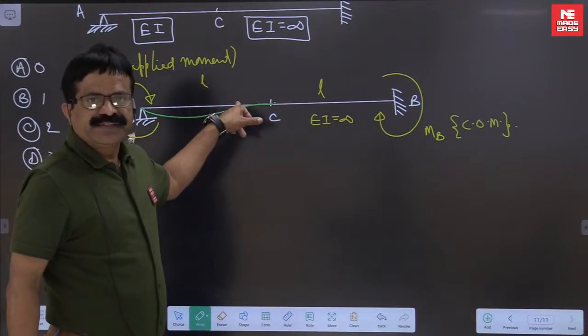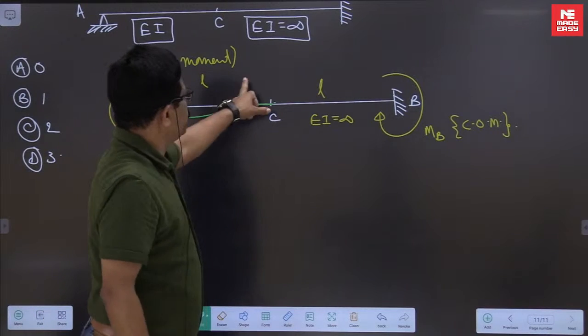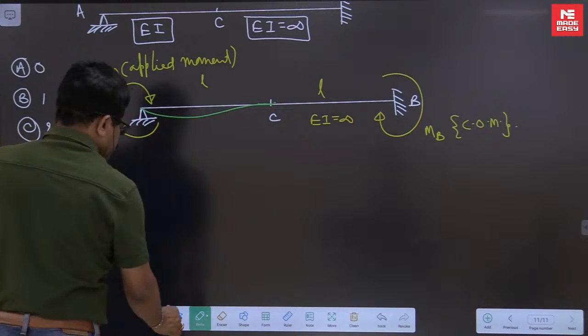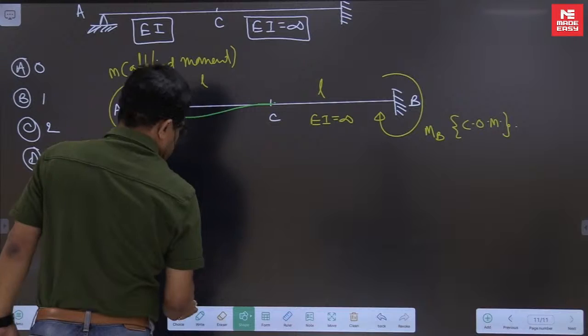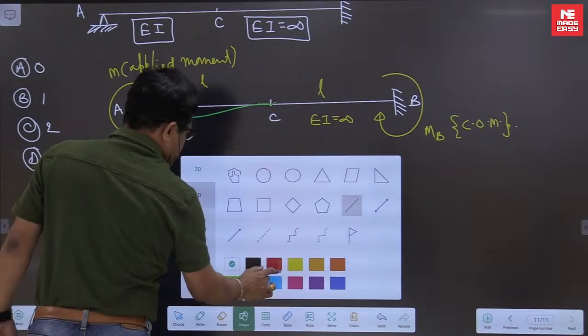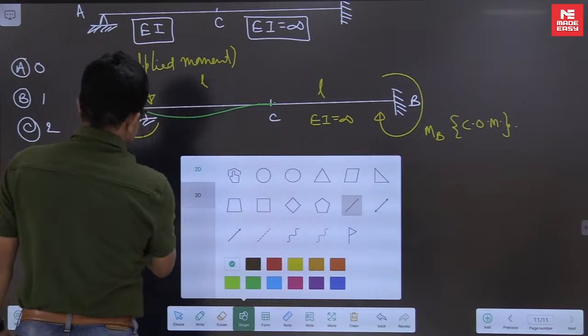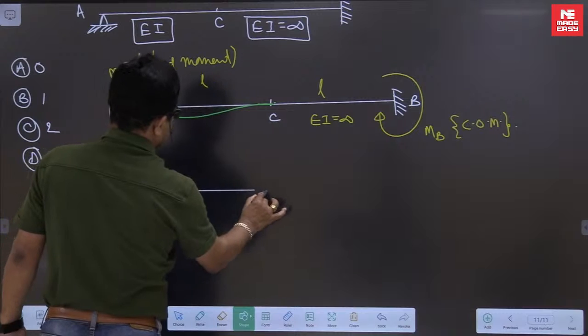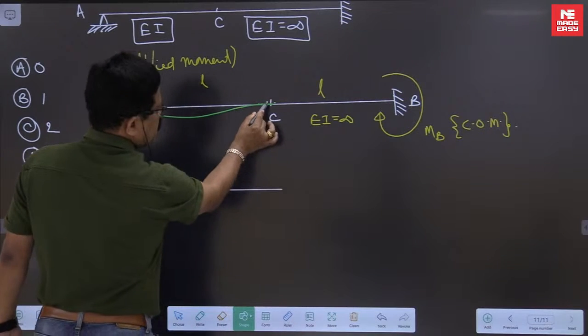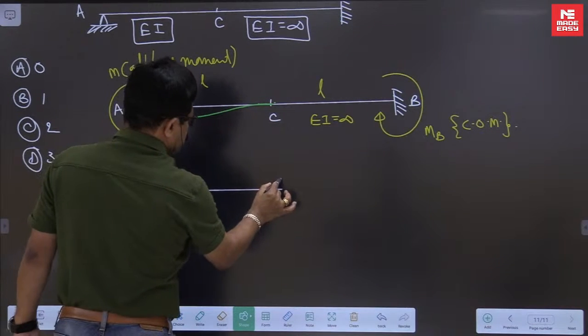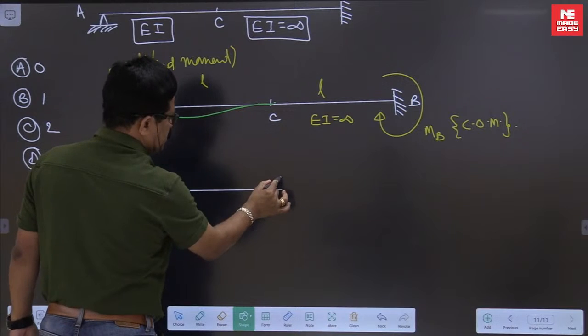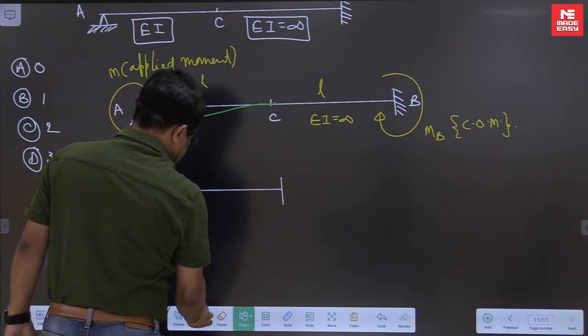This is a known deflection profile for us. When you apply moment M, the carryover moment is M by 2. So we'll manage this problem first. Up to here, it is looking like a fixed support. Because slope is 0, deflection is 0. I can idealize it as if it is fixed.